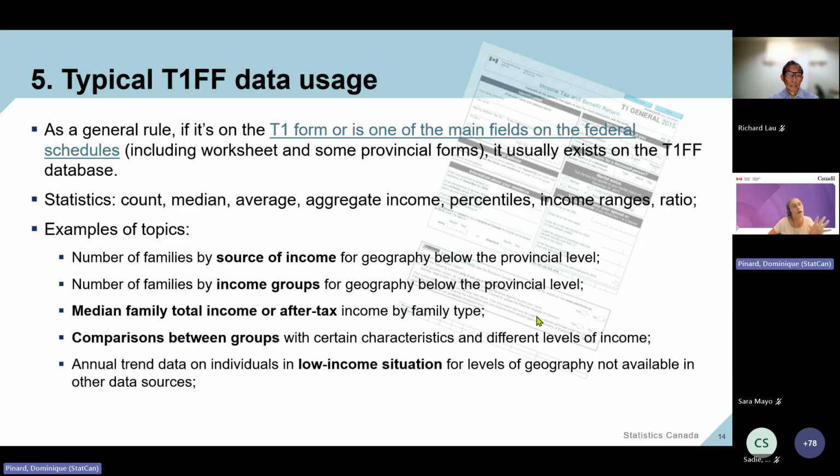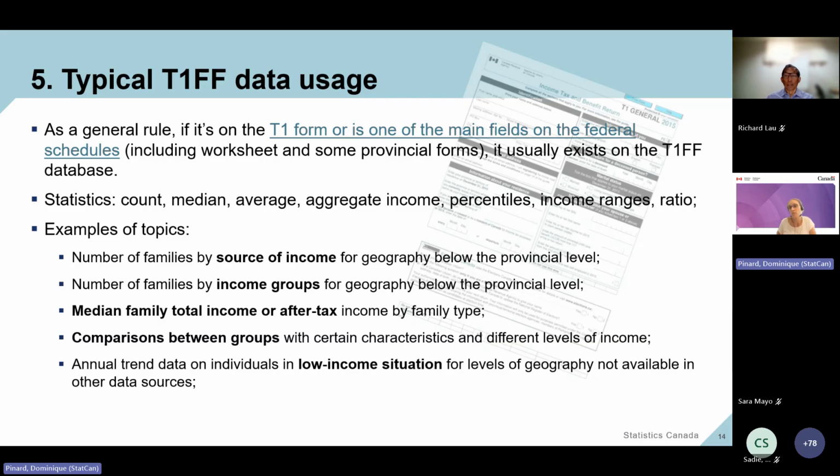All the data that we collect is collected for tax purposes, and just to give you an idea of what this means, according to the Survey of Household Spending, a household in 2023 spent about $384 on average on childcare expenses.